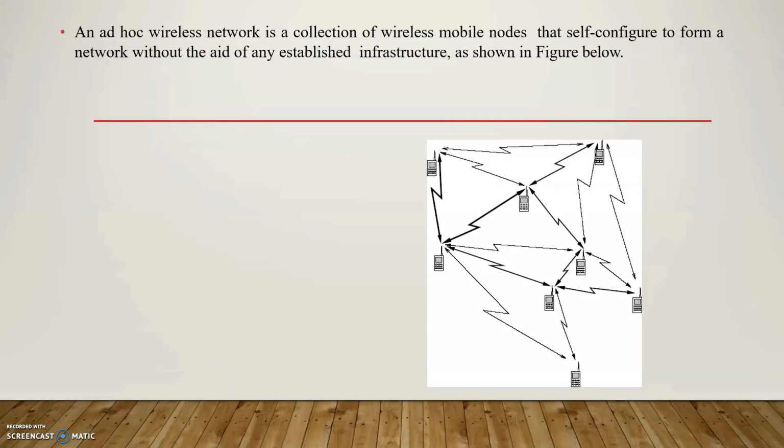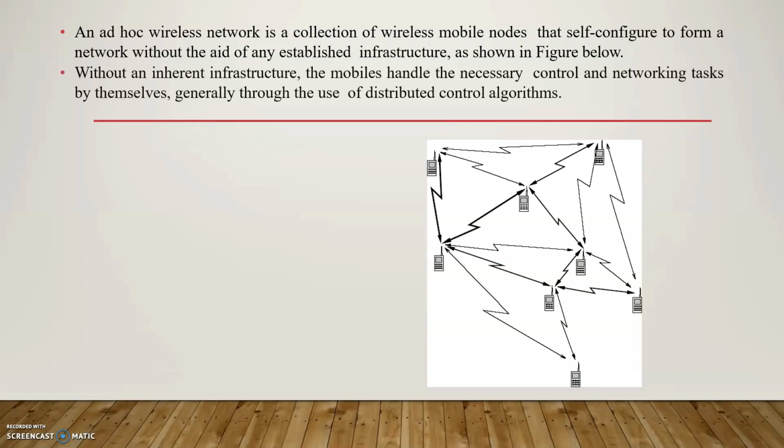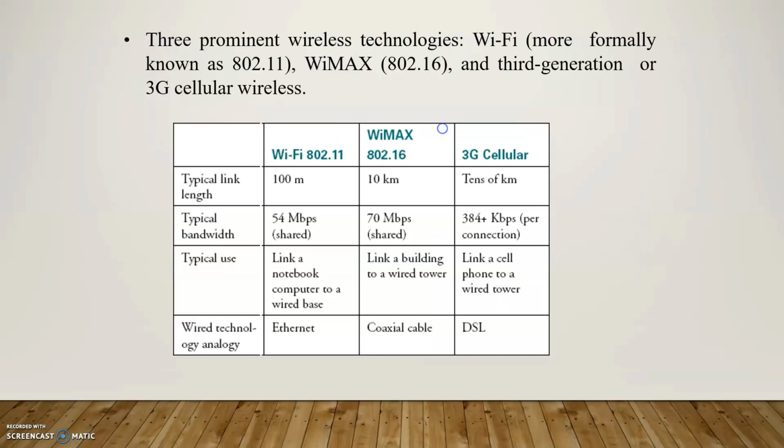An ad hoc wireless network is a collection of wireless mobile nodes that self-configure to form a network without the aid of any established infrastructure, as shown in the figure below. Without an inherent infrastructure, the mobiles handle the necessary control and networking tasks by themselves, generally through the use of distributed control algorithms.